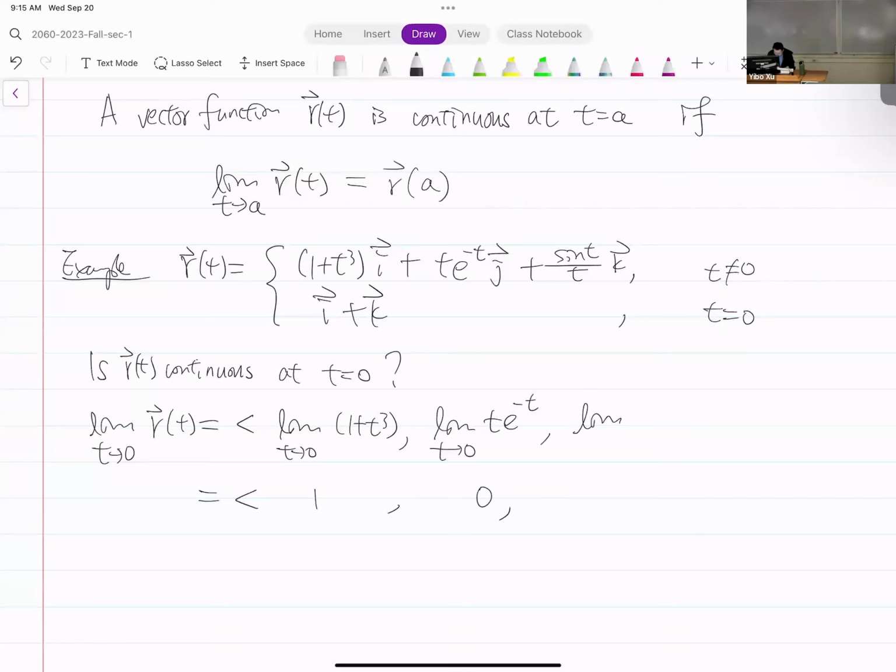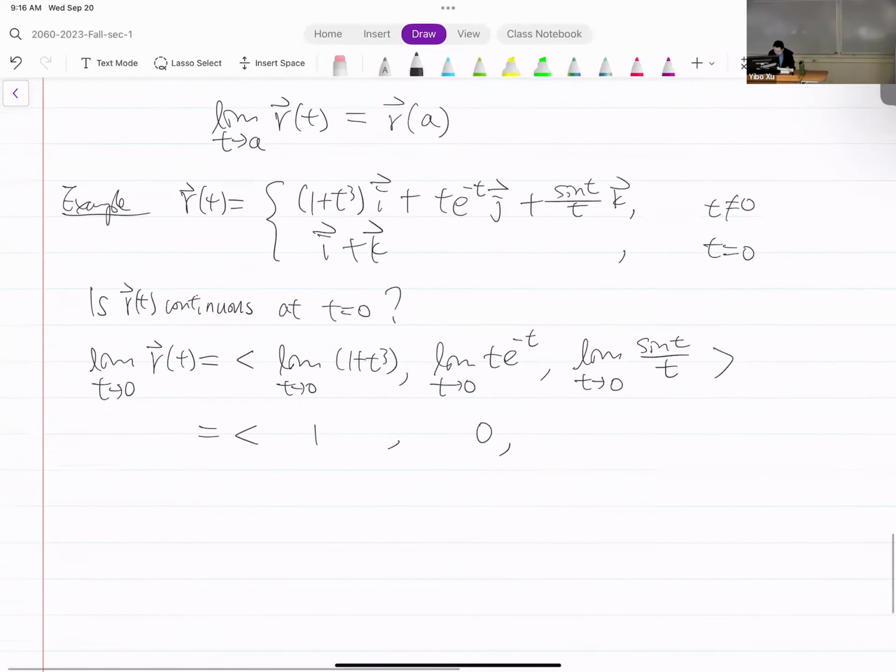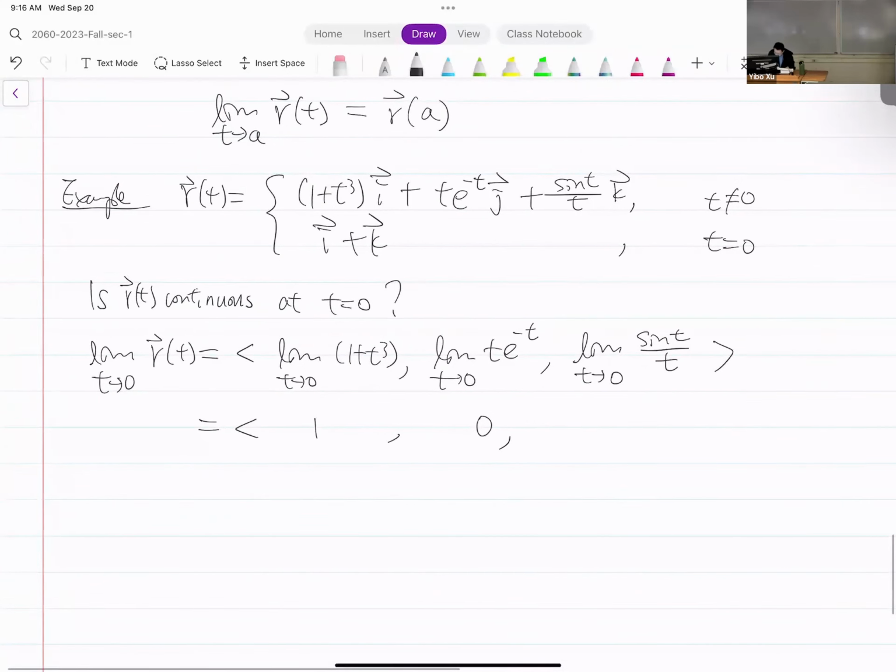The last component needs a calculation if you are not familiar with the limit. It should be really standard if you have seen it, because this is just L'Hopital's rule. So sine of t over t, the limit when t goes to 0 is actually going to give you 1. So now if you look at this in component expression, it is 1, 0, 1.